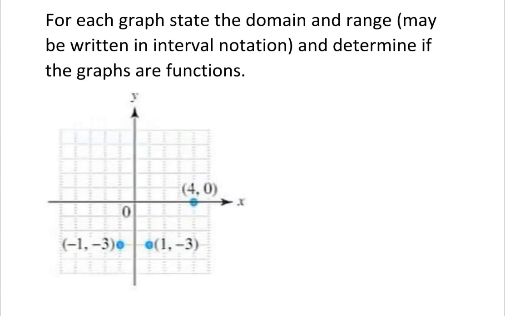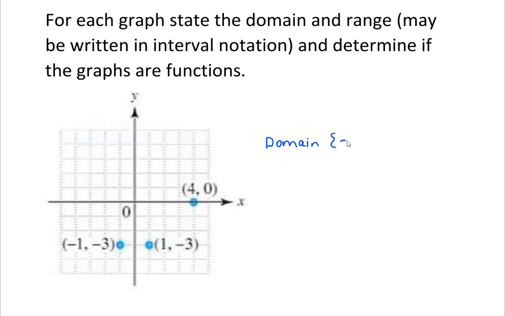Now we're going to look at some graphs and state the domain and the range, and also determine if the graphs are functions. Each one of these points on the graph represents an ordered pair. If I'm going to list out the domain, those will be the x values in my ordered pairs.